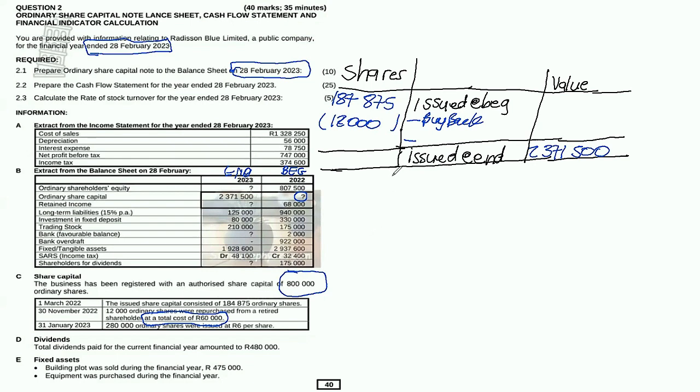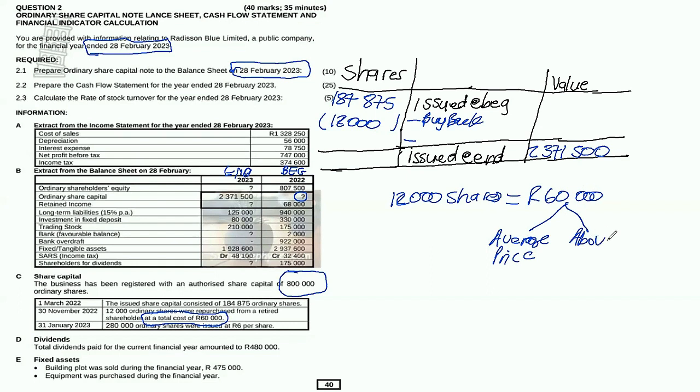And then, remember on buyback we had 12,000 shares, right? Therefore, the total cost of these shares amounted to 60,000. So now for our total cost, we have the following: we have our average price, and then we also have our above average.